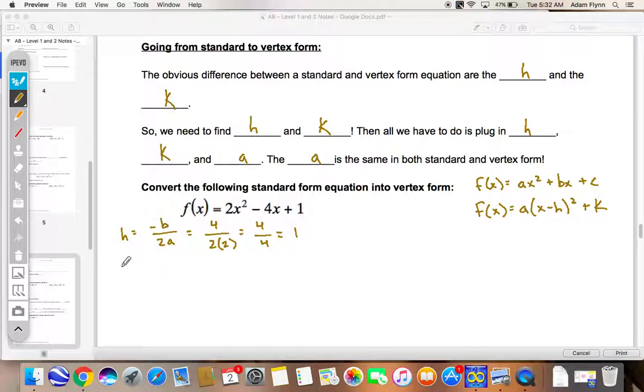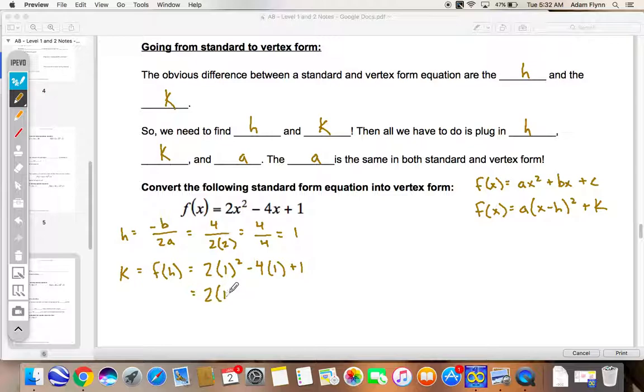Okay. Now I need to find k. So k is just f of h, so I'm going to take my h, which is 1, and plug it into my equation up here. So I get 2 times 1 squared minus 4 times 1 plus 1. So 1 squared is just 1.